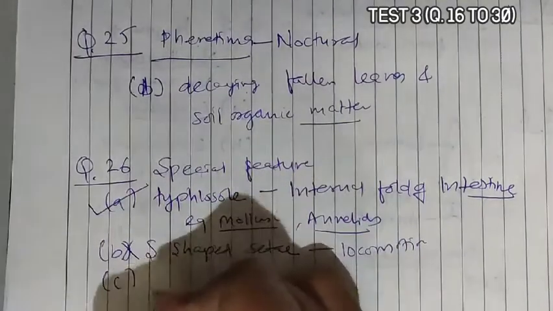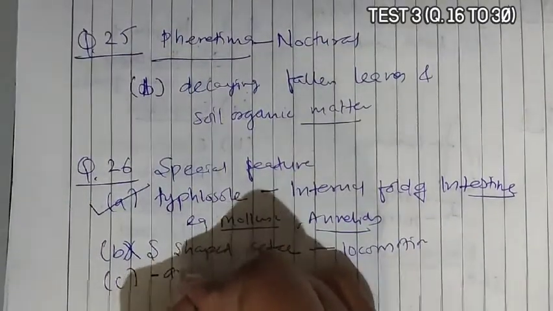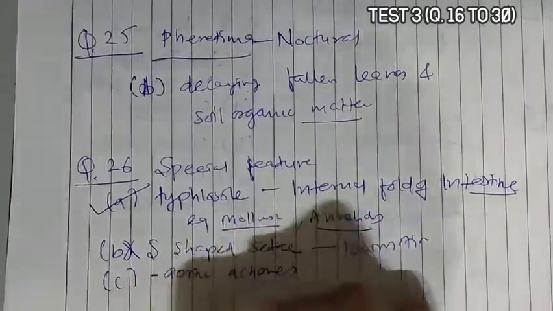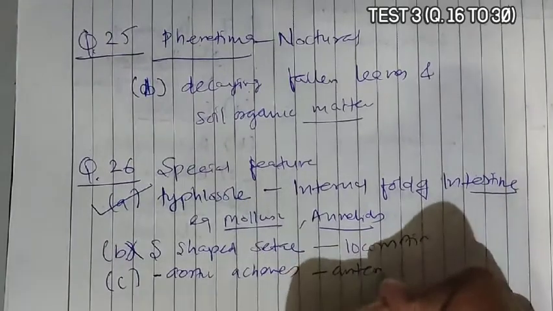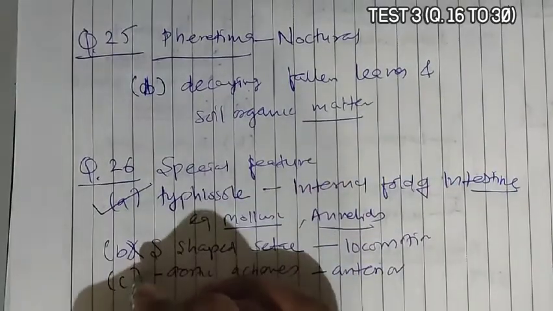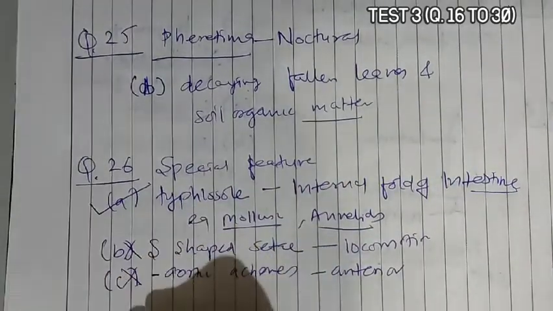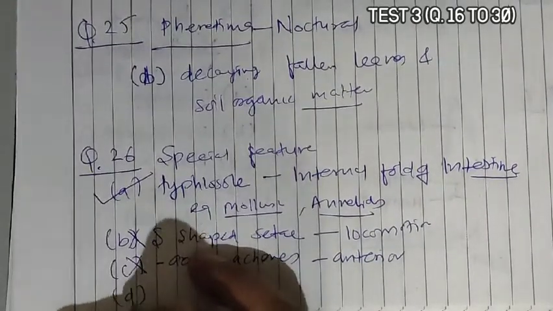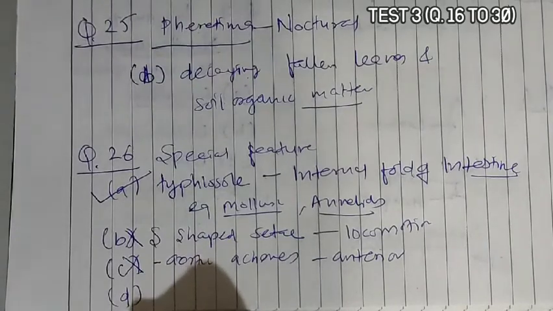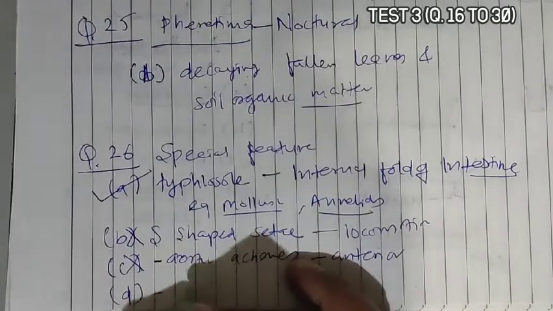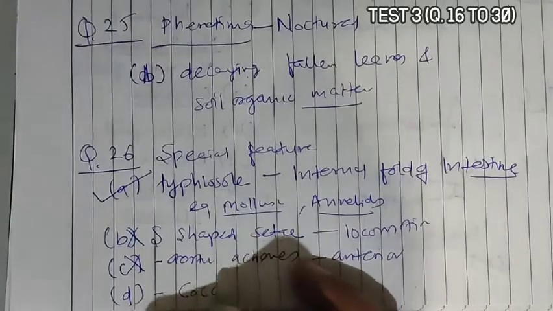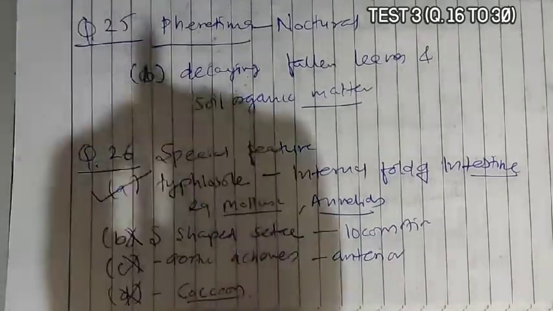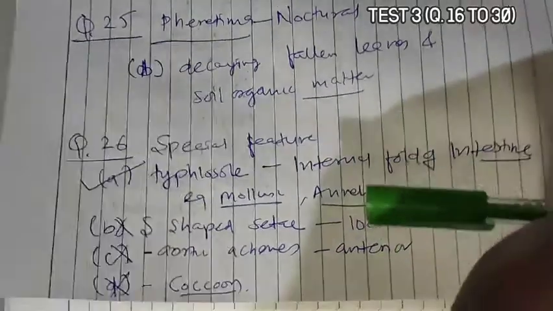No, it has aortic arches which are present anteriorly, where blood vessels come from the anterior and posterior, so it is an incorrect one. And the last option is option D, that fertilization of egg occurs inside the body. Fertilization does not occur inside the body, fertilization occurs within the cocoon in Pheretima, so it is also incorrect. Option A is the correct answer.